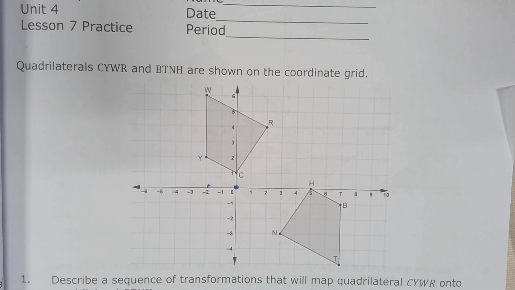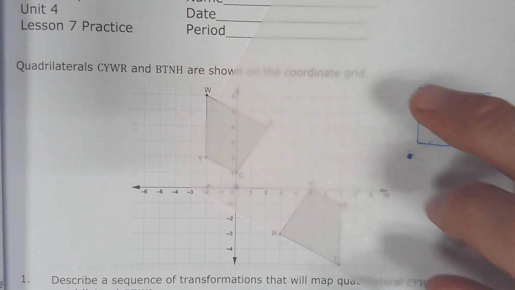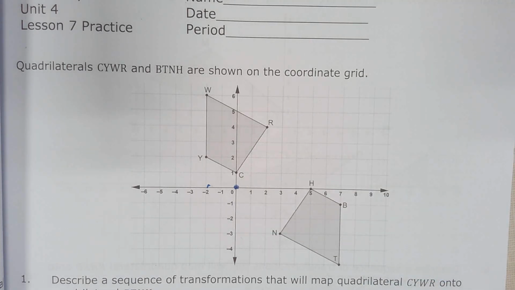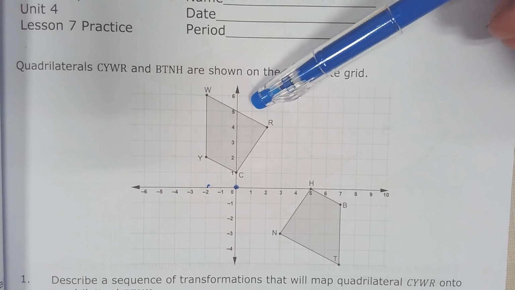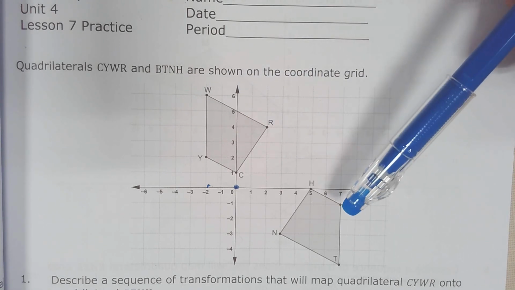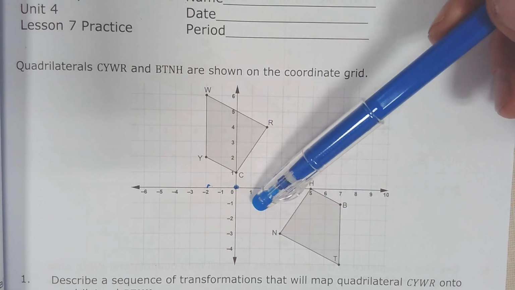Okay, so here we go with unit 4, section 7, practice work. It's going to tell us that we have two quadrilaterals, and we're going to map CYWR onto BTNH.